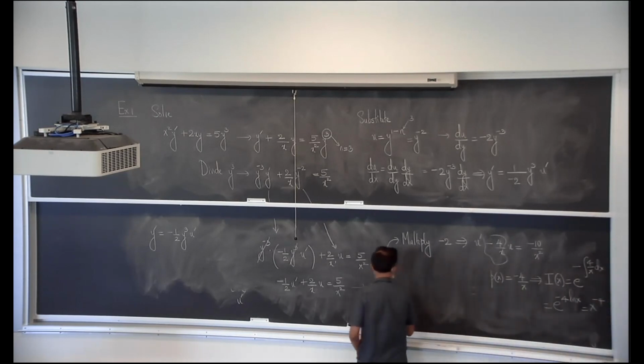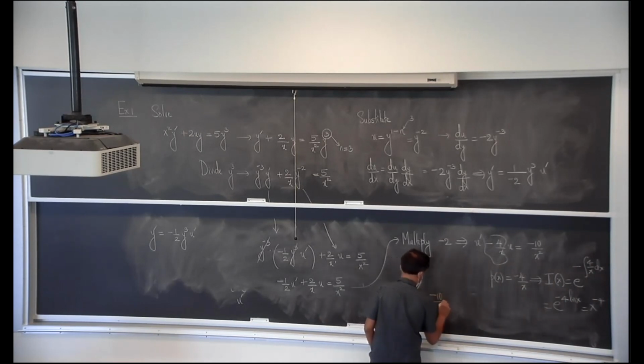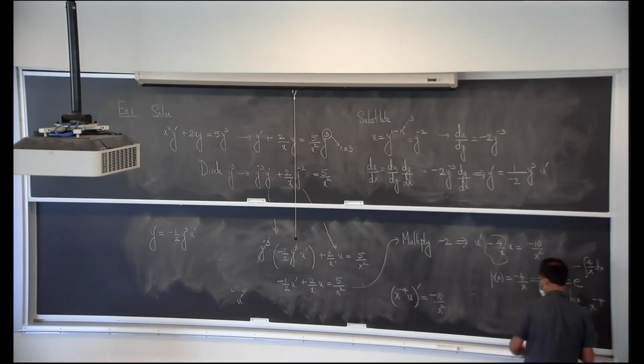So you know the drill here, x to the negative 4, not u times, it's not y, it is times u prime equal to negative 10 over x squared times the integrating factor.